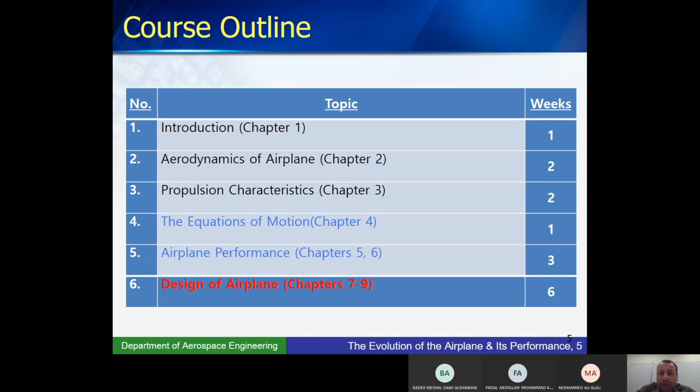Now, I'm sorry to tell you that we are not going to have the design from A to Z, as one of you mentioned. In fact, we are not going to do this even in AE 427. It's beyond the scope of any design course in any university. What we will be studying is what we call the conceptual design.